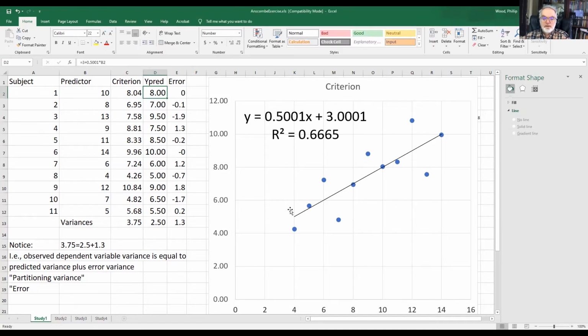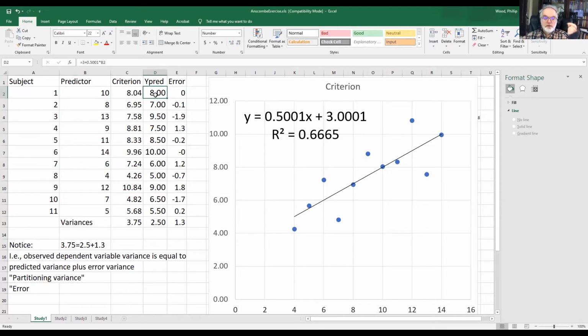So that would correspond to a dot that falls directly below or above the observed data and falls on this line. And all of these y predicted values are the values that I'm predicting for the criterion given the scores on the predictor.